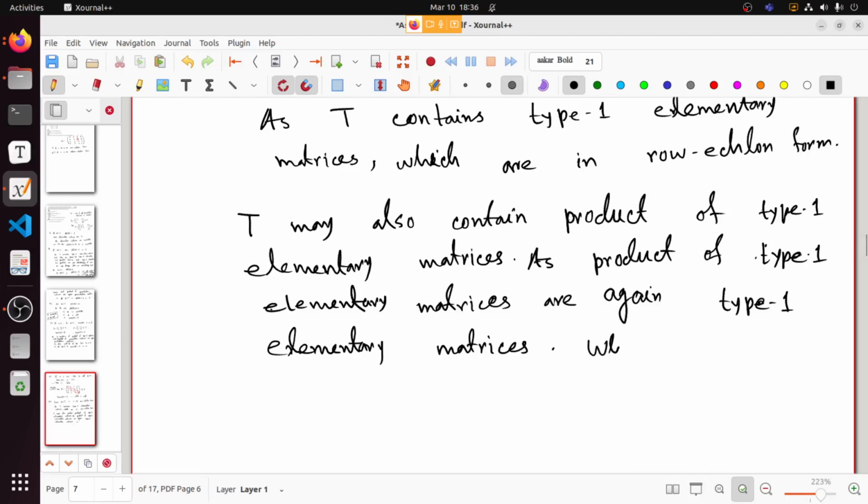Which means they are also in their row echelon form.